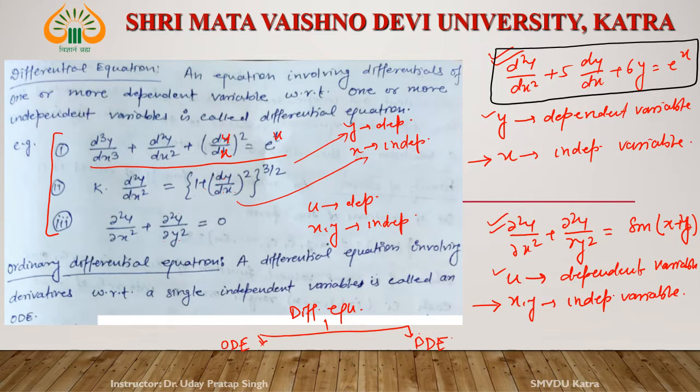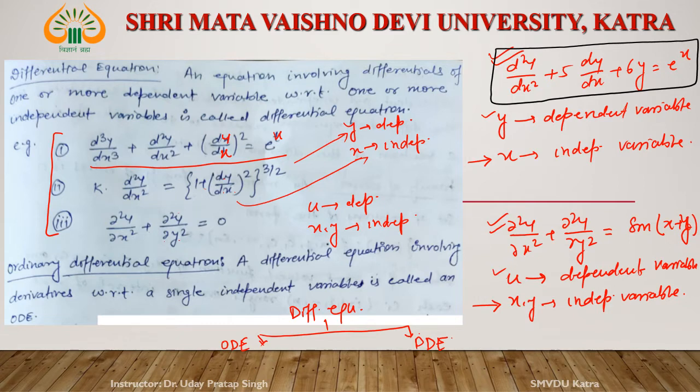What is the dependent variable? The variable that appears in the numerator, that is y. Y is the dependent variable. The variable that appears in the denominator, that is x, independent variable. Okay. So derivative of dependent variable with respect to a single independent variable. If such a derivative is involved in a differential equation, then the differential equation is known as ordinary.